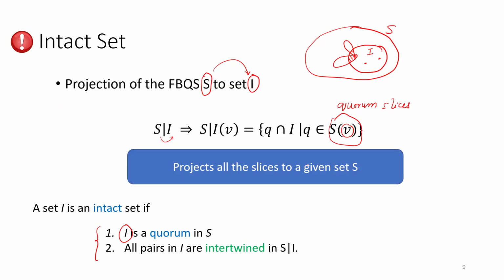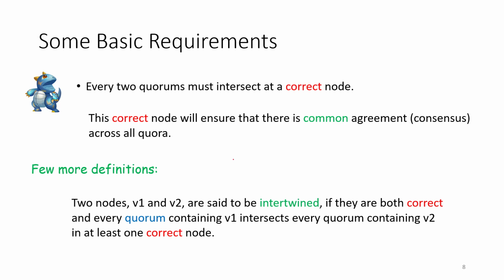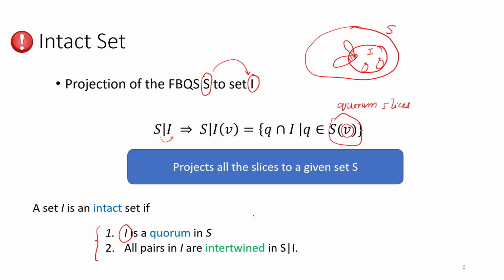Which means both the nodes are correct and they are intertwined in S projected to I, which basically means that there is some quorum slice of this which completely lies within I, and there is some quorum slice of this which completely lies within I. And the fact that they are intertwined basically means that they intersect at a correct node.